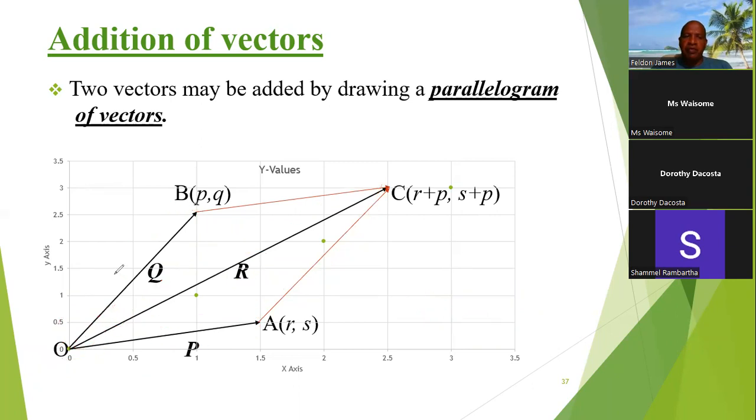Now, if you just say 2 plus 3 gives you 5, that would be wrong based on vectors. So what you would really have to do to get the vector R is to find the actual length of R, because this length would be a length representing a vector.